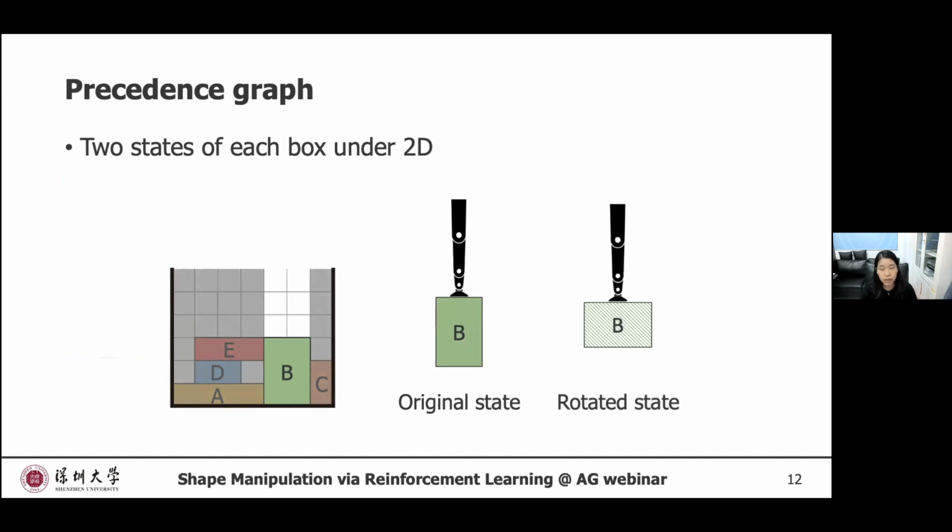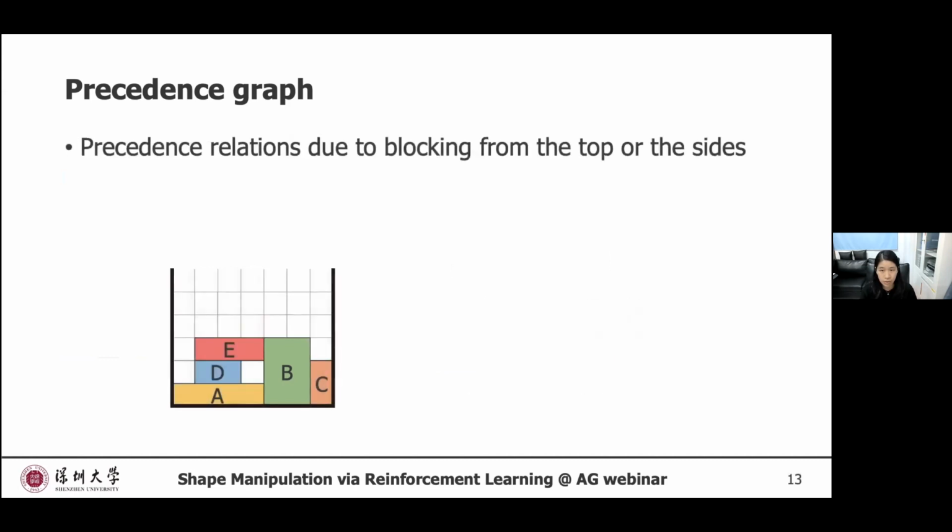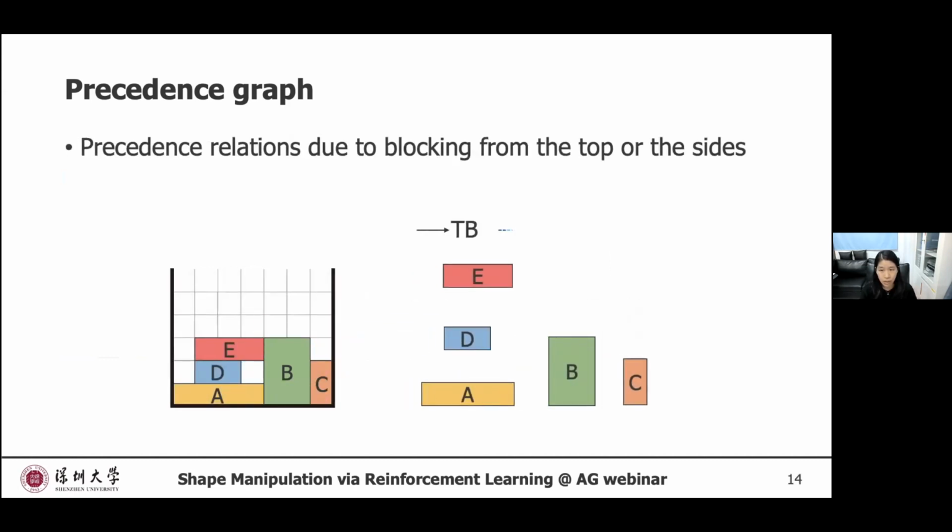And the precedence graph is used to indicate whether each of those two states is valid given the current object arrangement. To construct the graph, we extract three types of edges to encode the precedence relation due to the blocking from the top or the side, including TB, LAB, and RAB edges.